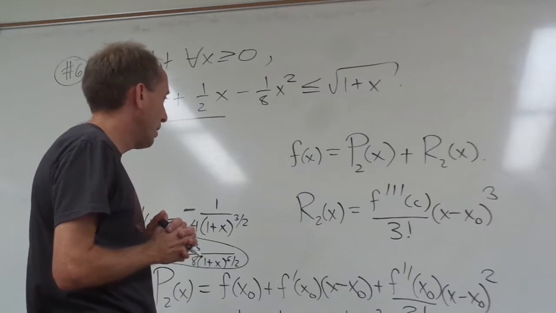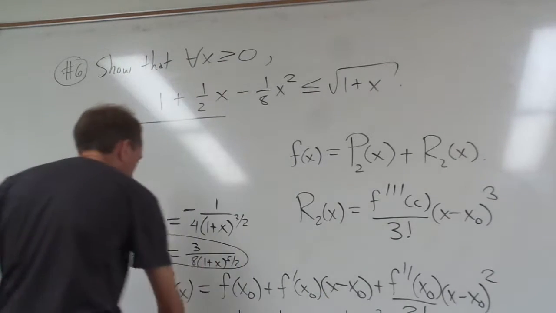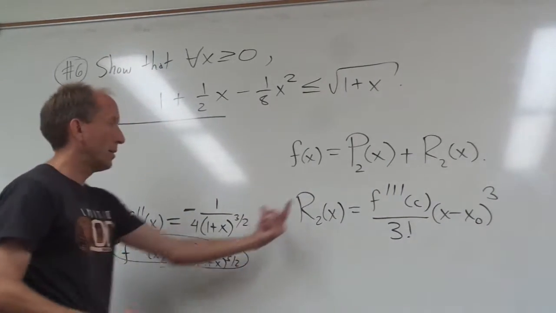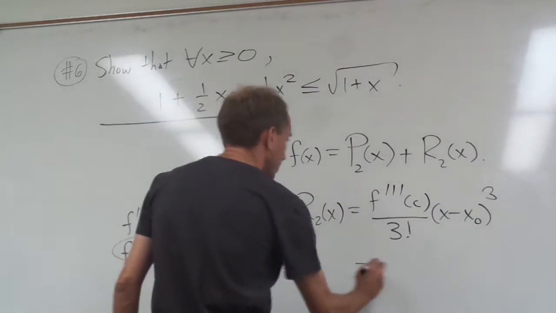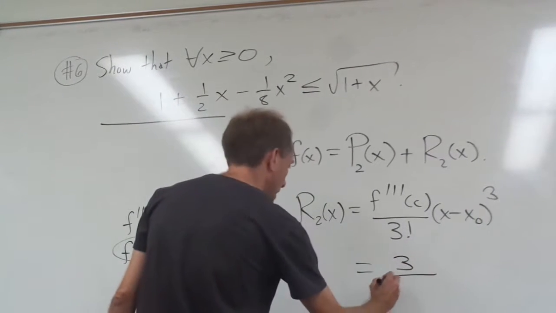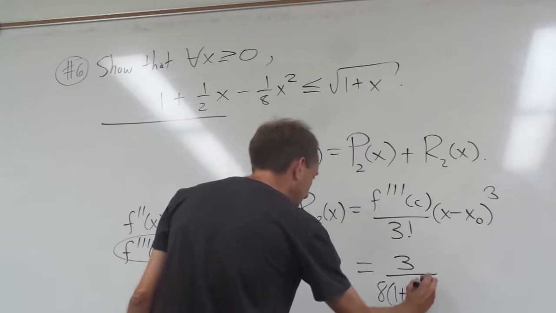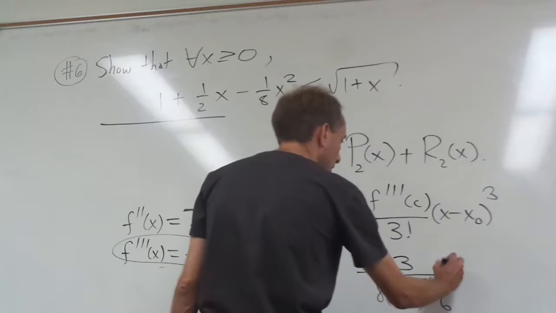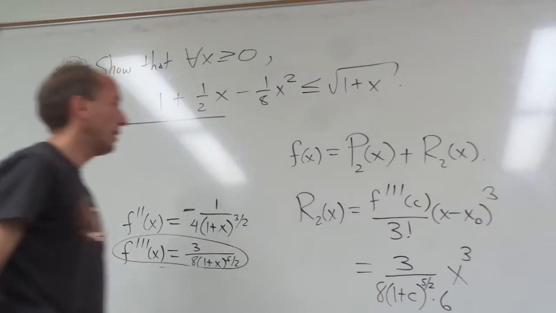But anyway, when I plug this into the remainder term, what we'll get here is 3 over 8 times 1 plus c to the 5/2 power, over 3 factorial, which is 6, and then we have an x cubed on the right-hand side.